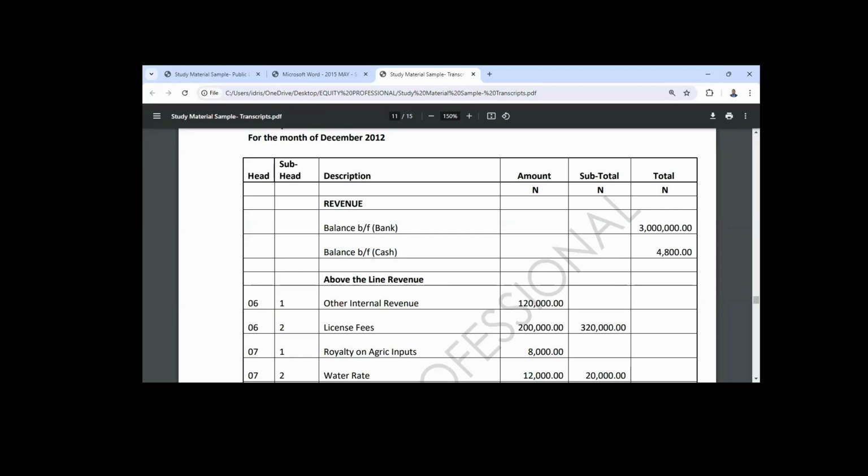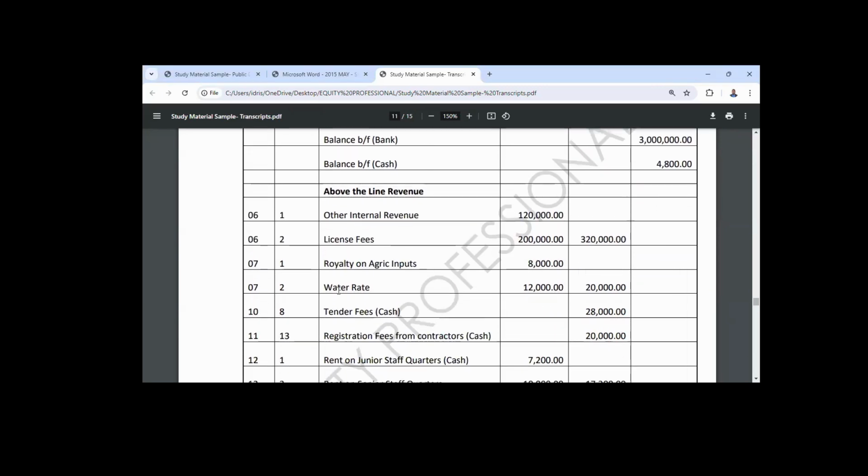We will continue again. Royalty and water rates, they have the same head, 07. Since they have the same head, we will first post them into the amount side.